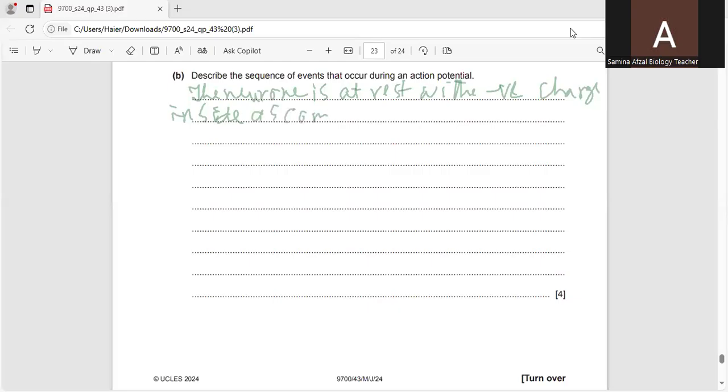as compared to the outside, with sodium potassium channels closed.